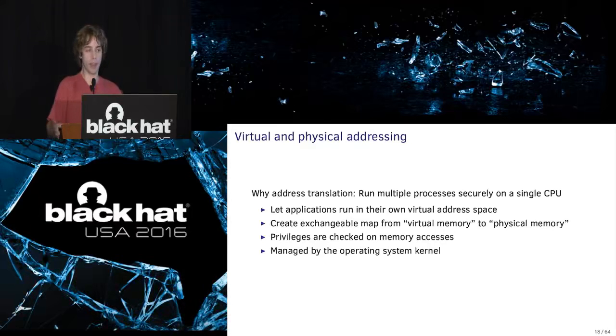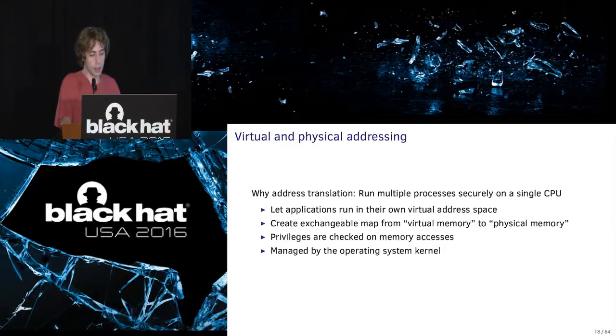If we look back 20 or 30 years, or if we look at small embedded platforms, we actually don't have virtual addresses. We only have physical addresses. And you can only run like one program, one system on this chip. And you don't have any isolation between different threads on this CPU.